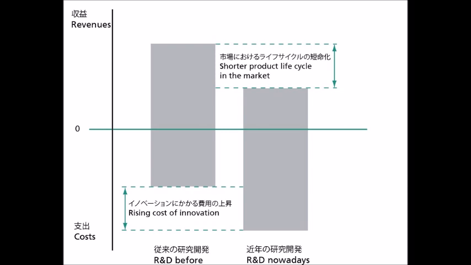At the same time, you got a shorter product life cycle in the market. So this means you got less time to earn money. And this leads to higher R&D costs and lower income, which leads to a smaller benefit or profit. And this is really a big problem.